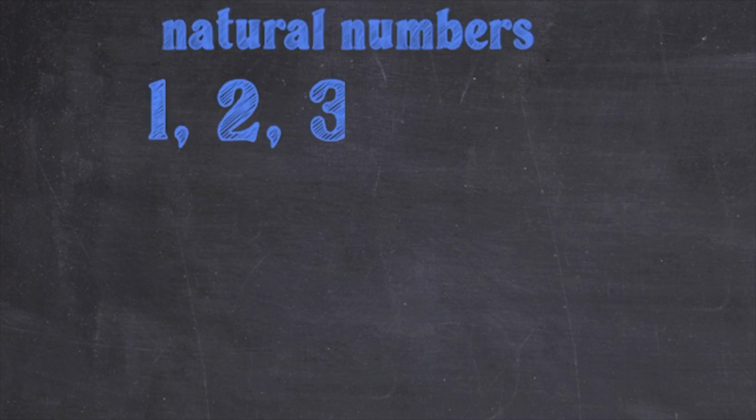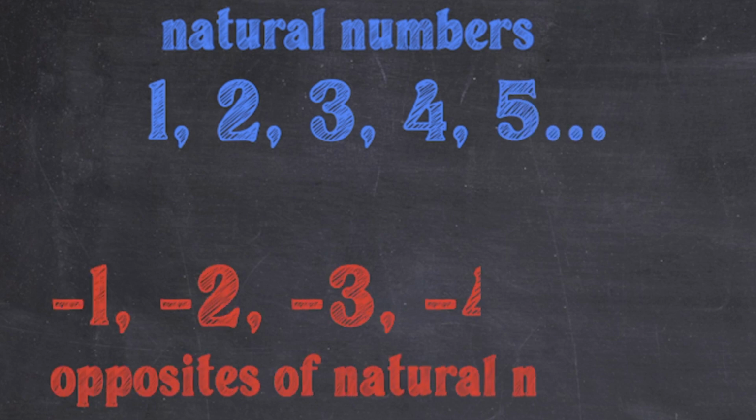Now that we have opposites down, we can now define what an integer is. An integer is the set of all natural numbers like 1, 2, 3, and so on, their opposites, and the number 0.